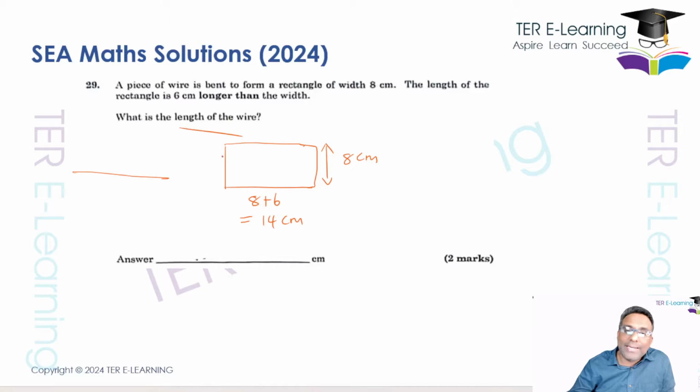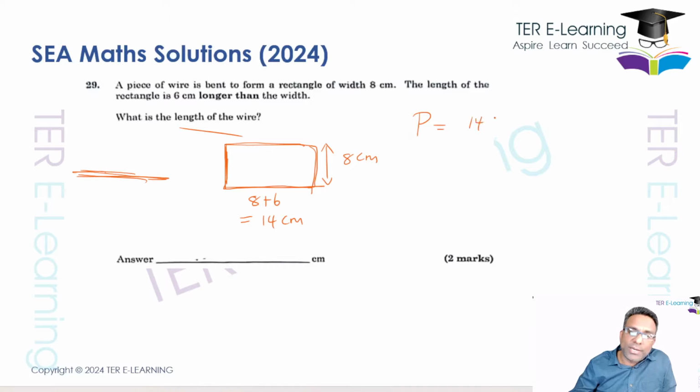The length of the wire is where students may have gotten a little confused. Remember, you started off with a piece of wire and you bent the wire to form a rectangle. So that wire has a particular length, which is equivalent to the perimeter of this shape. The perimeter is length plus width, multiplied by 2.